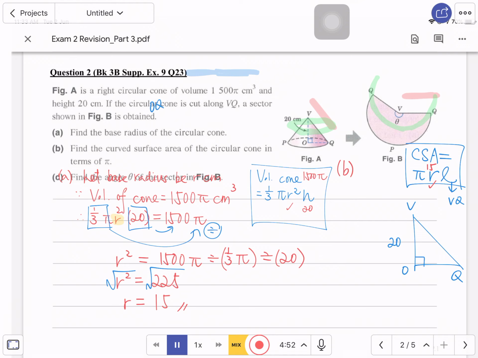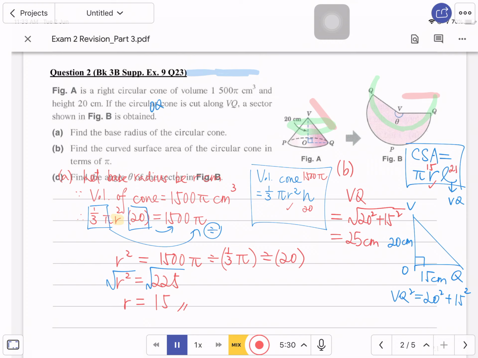We now have VO 20 cm, OQ 15 cm. So by Pythagoras theorem, we know that VQ square equals 20 square plus 15 square. Or you can just write down the length in square root form. VQ equals the square root of 20 square plus 15 square, which will give you 25.